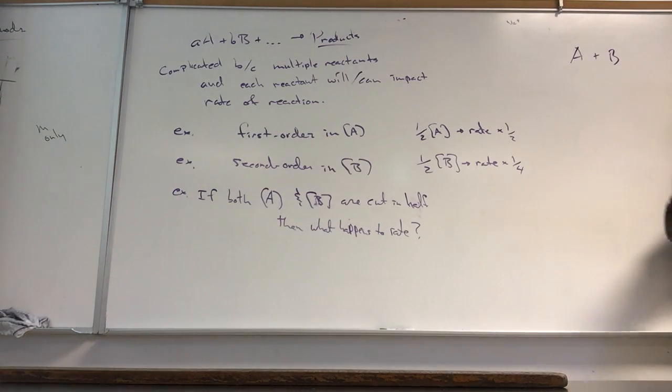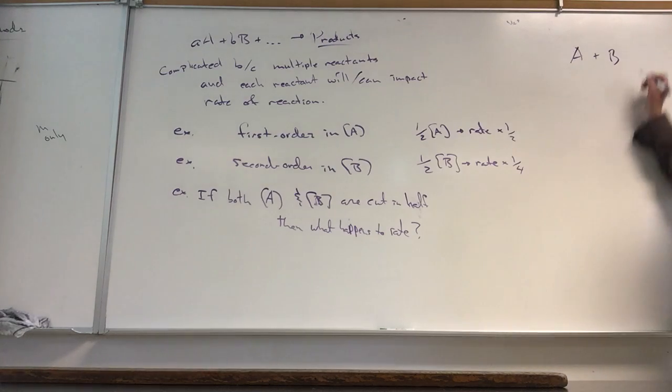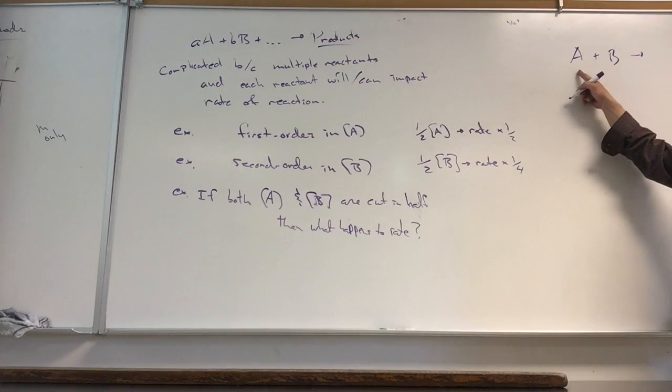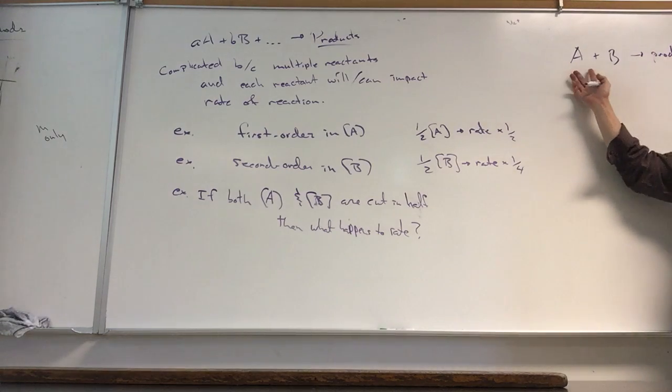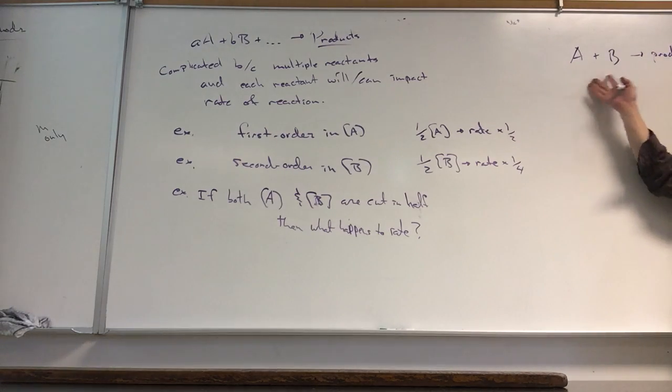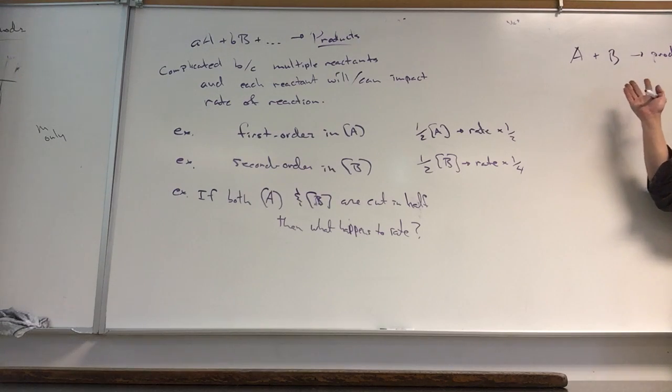And so with A, we see it slow down. With B, we see a dramatic slowdown, because now all of a sudden the rate is 1/4 of what it was originally. But the problem is this is the same reaction. It's A plus B yields product. And so how can the reaction be cut in half and be cut in a quarter at the same time? Because it's only one reaction.